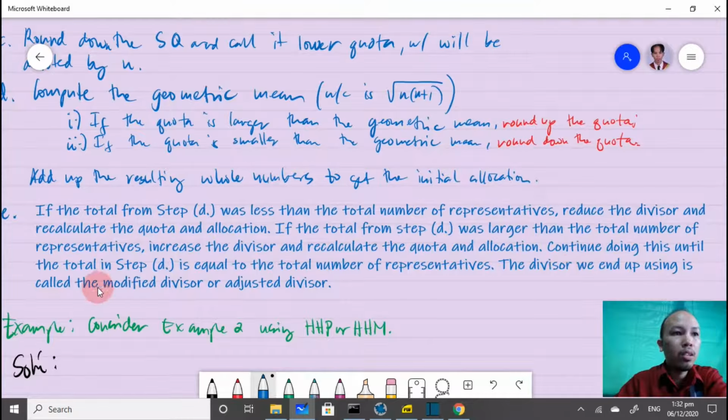Continue doing this until step 4 is equal to the total number of representatives. In our previous example, if it is 90 already, then you are going to stop.